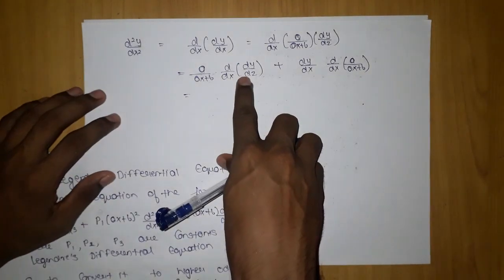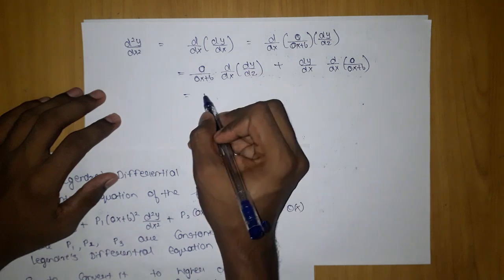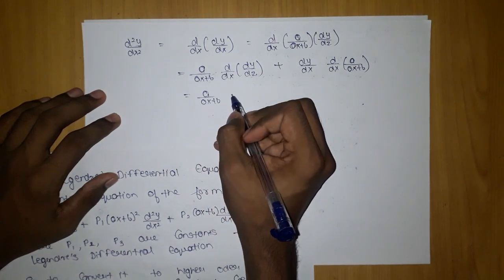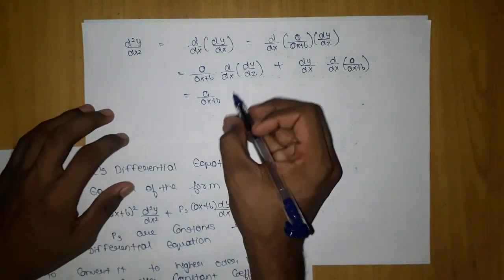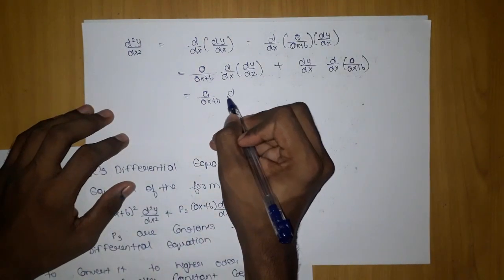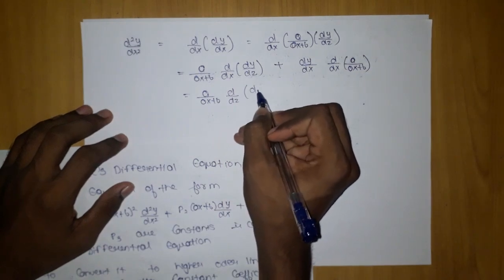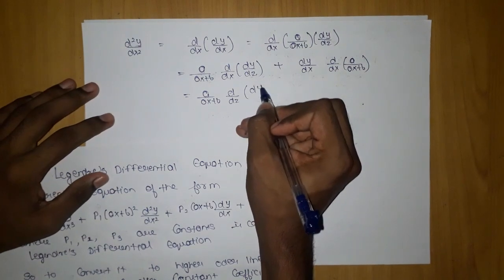If I want to create dz/dx here, I take this dz outside, a/(ax+b), and multiply and divide by dz again. So just see what we are going to do: d/dz into dy/dz.